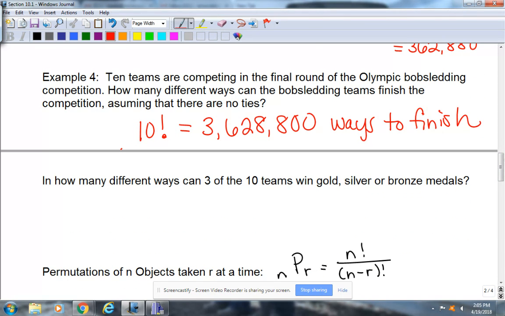In how many different ways can 3 of the teams win gold, silver, or bronze? So I only care this time about gold, silver, or bronze, which is first place, second place, third place, right? So if I have 10 teams, how many options do I have for who's going to win the gold medal?